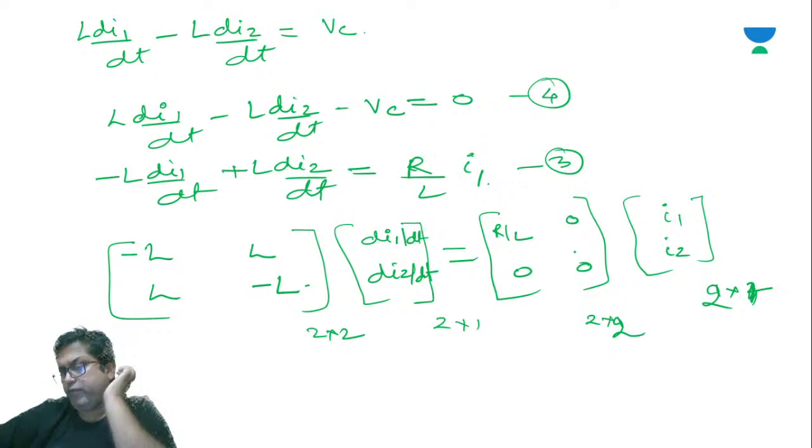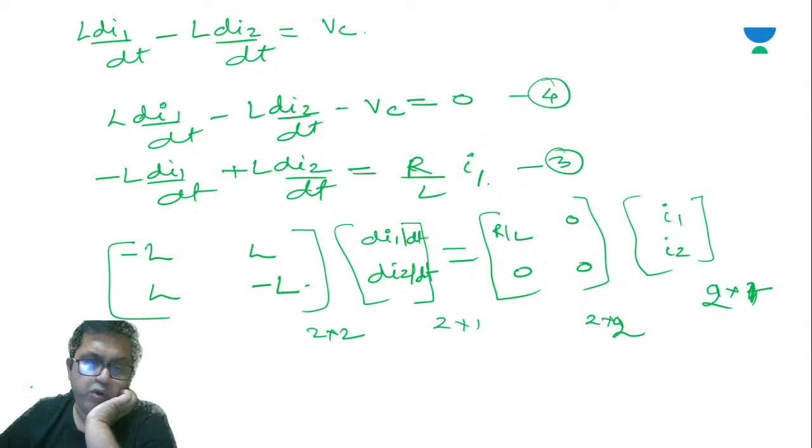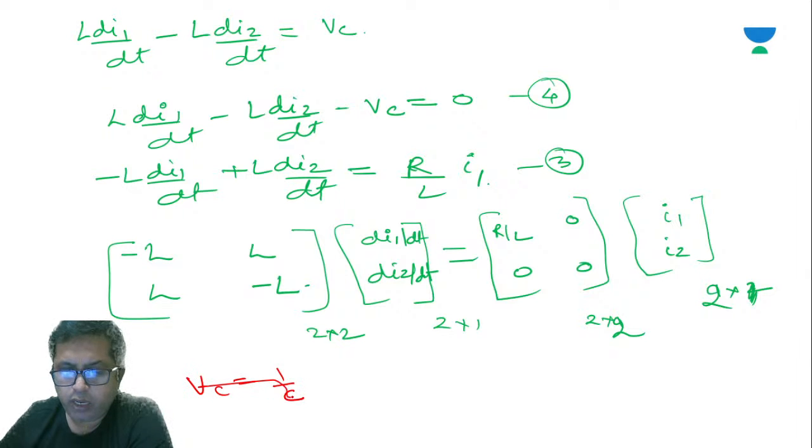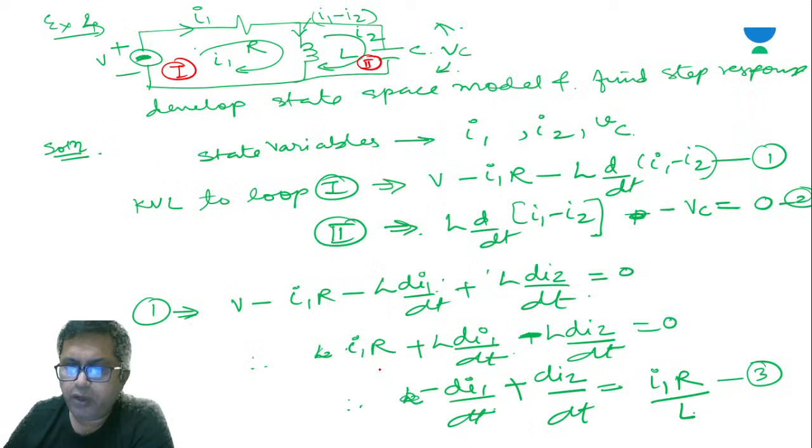We are not taking VC as a third state variable. Now we will expand this to the third state variable VC. What is VC? See the figure.